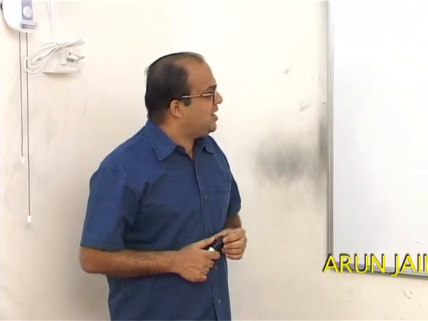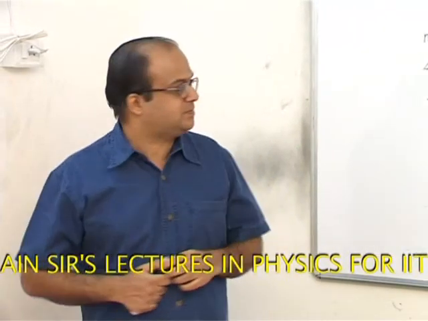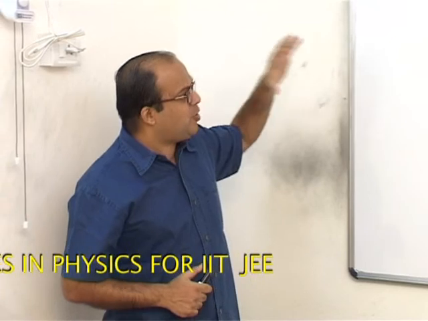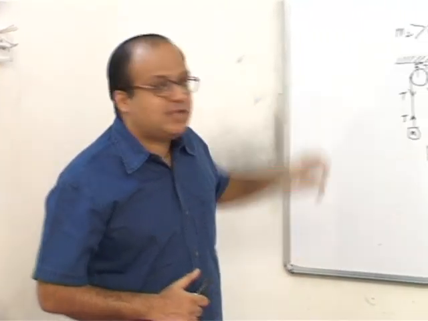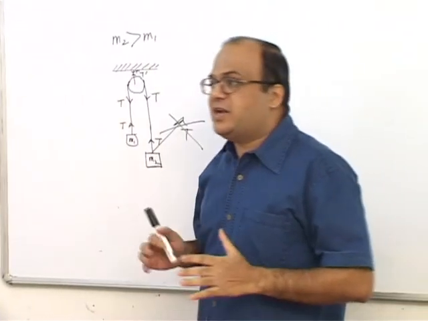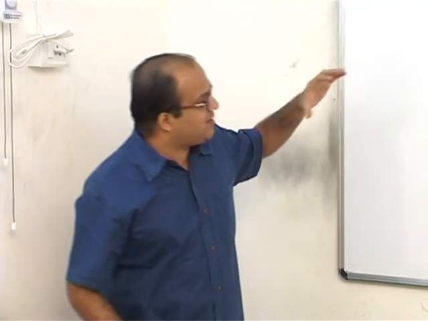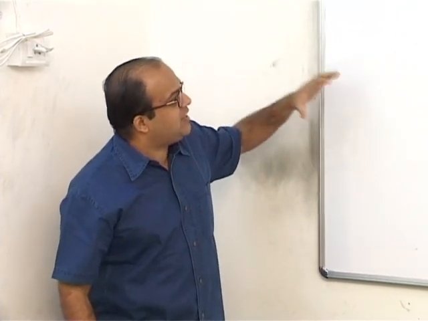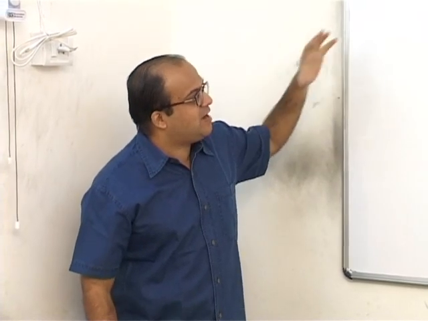So tension in a massless string will be the same at all points. So these are the 3 important properties about tension. Tension always acts away from the body under consideration. Tension always acts along the string. And for a massless string, tension is the same at all points if all the pulleys in the system are massless.